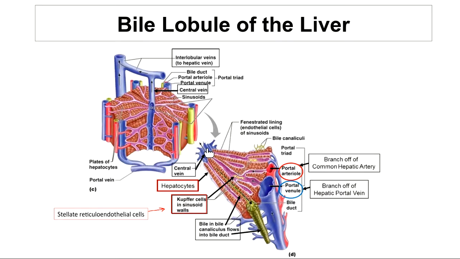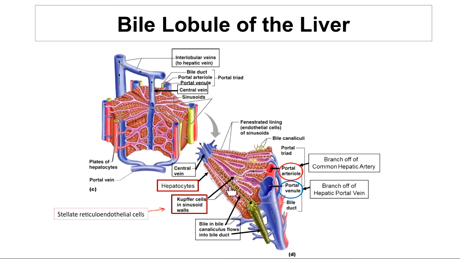Bile is secreted by the hepatic cells, again going back to the hepatocytes here, into bile canaliculi, B-I-L-E. Second word is C-A-N-A-L-I-C-U-L-I. Iculi means little, so it's little canals, little bile canals. So you can see on the picture where you have the green bile and the bile canaliculi.